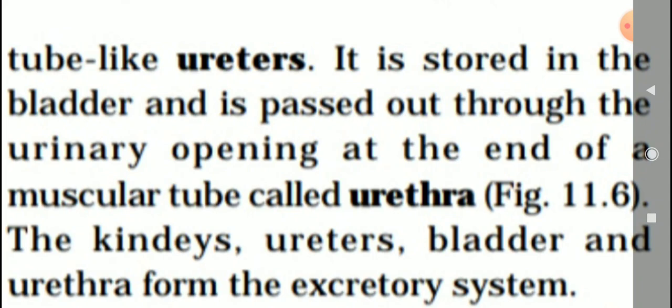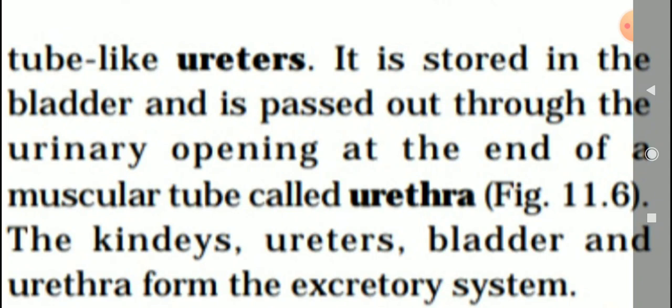Are you clear? The kidneys, ureters, bladder and urethra form the excretory system. Underline the word, students. This is very important. What are the excretory organs in our human body? Kidneys, ureters, bladder and urethra.